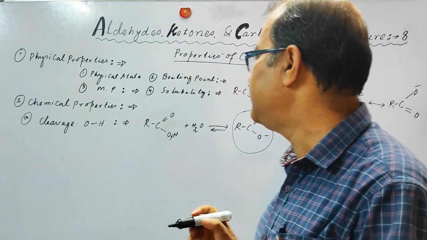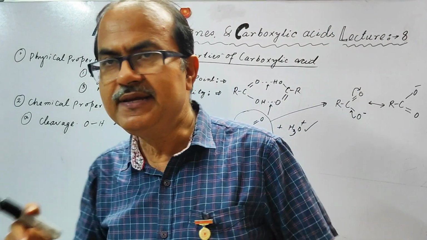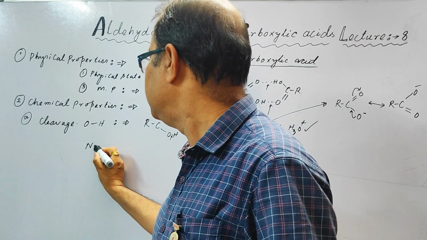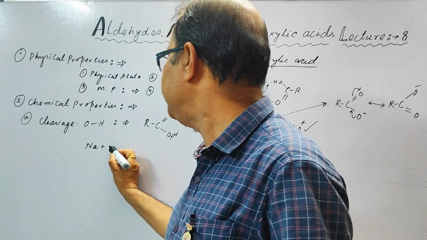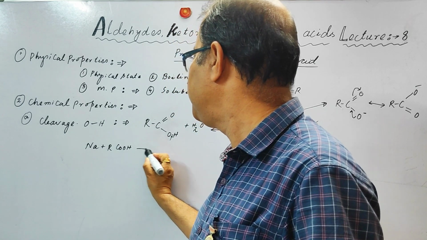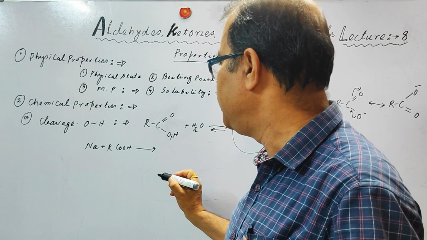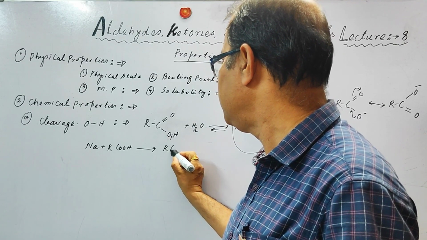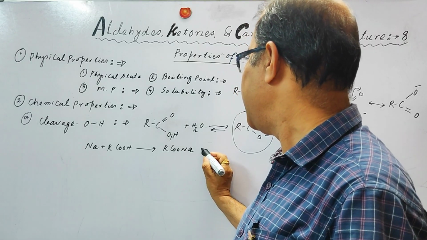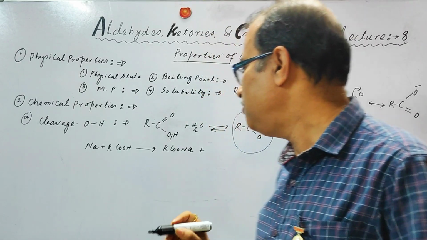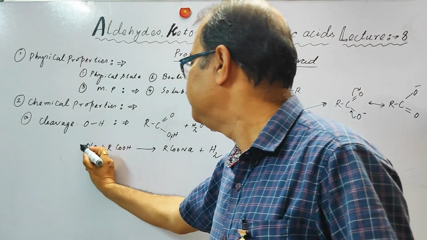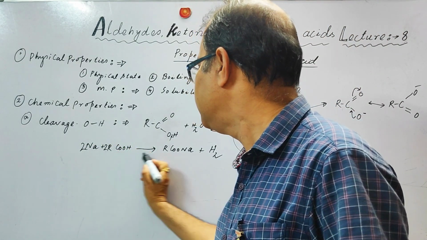The reaction we observe when it reacts with an active metal like sodium: sodium is an active metal, and when it reacts with carboxylic acid, it produces the sodium carboxylate salt, and again it produces hydrogen gas.